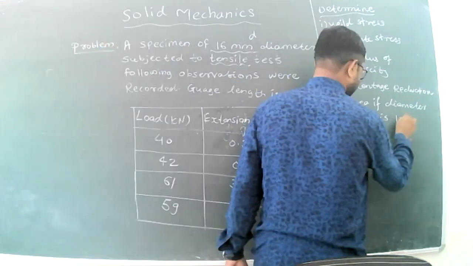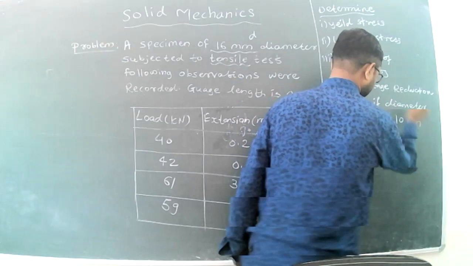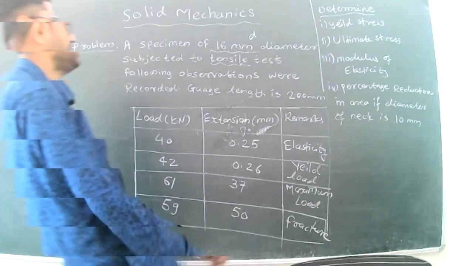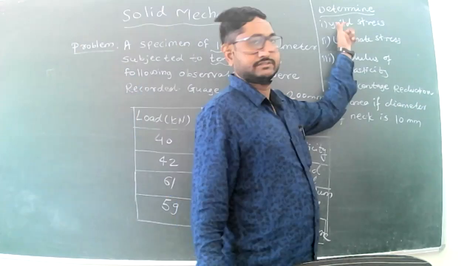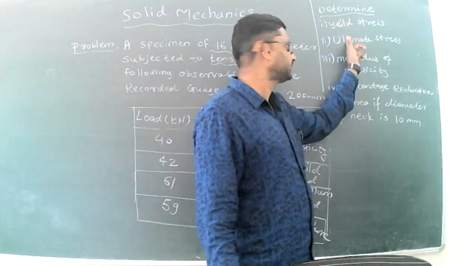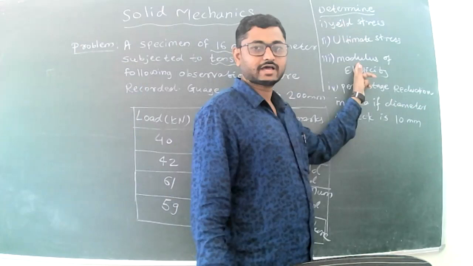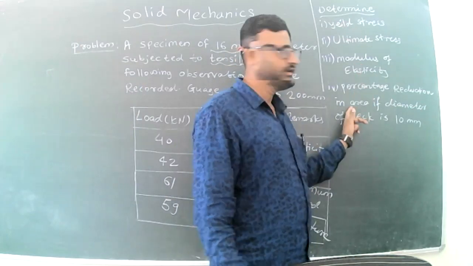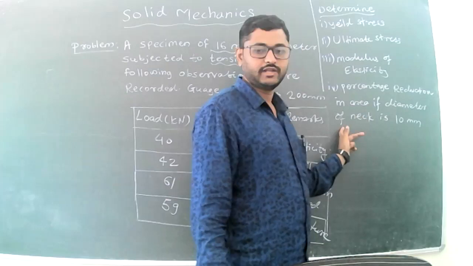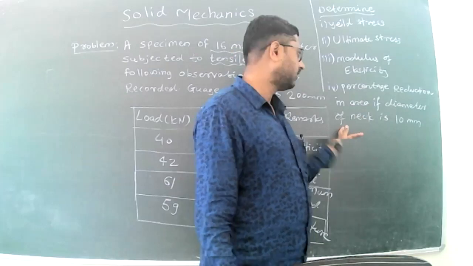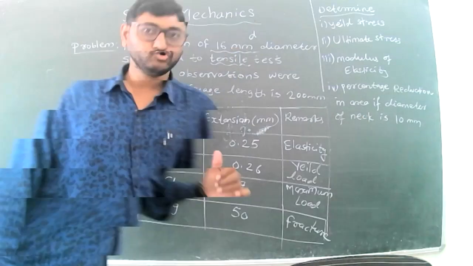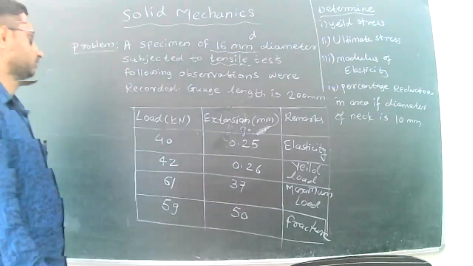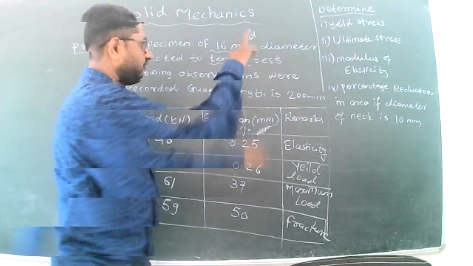So we have to find yield stress, ultimate stress, modulus of elasticity, and percentage reduction in area if the diameter of neck is 10 mm. Solving means we have to find these four unknowns.